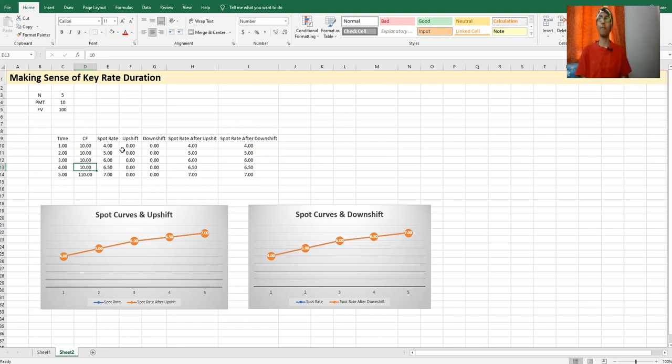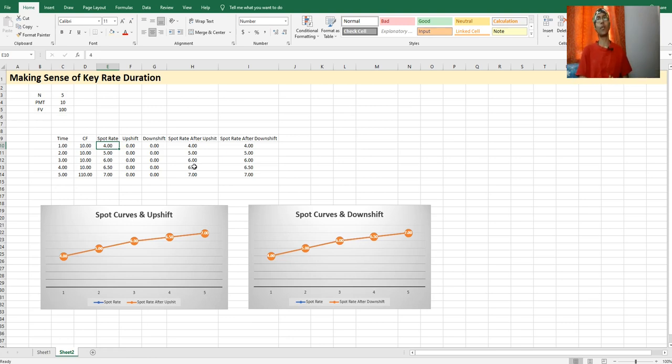And at time 5, the face value plus the last coupon will be received, which means the receipt will be 110. Now, at time t is equal to 1, 2, 3, 4 and 5, the spot rates or the market rates are 4%, 5%, 6%, 6.5% and 7% respectively. This is our assumption. Now this gives us the spot curve, right?